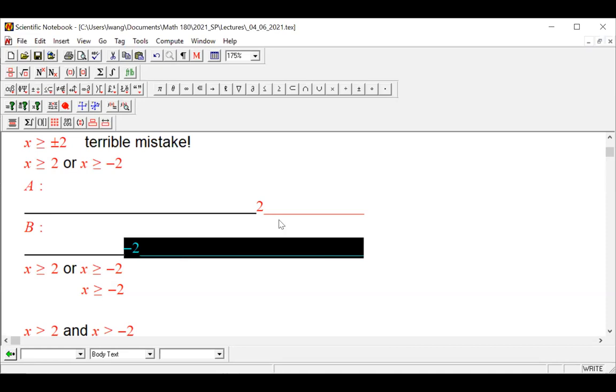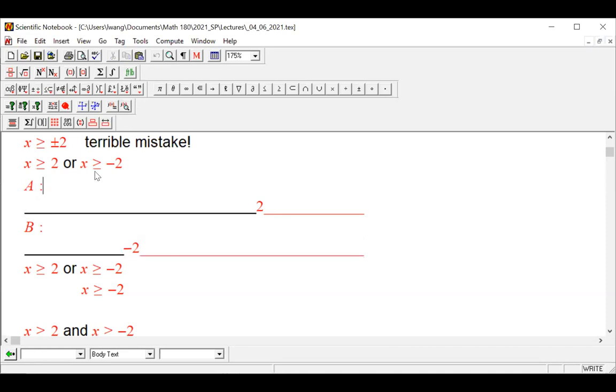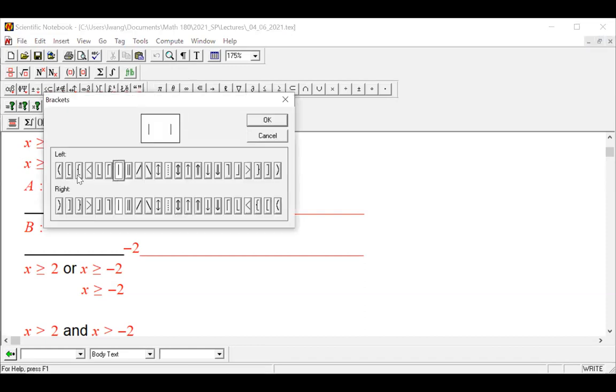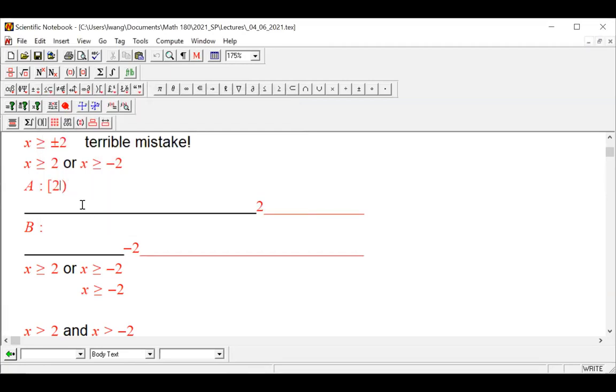Do you follow me? On intervals, remember we have homework problems with intervals? That's 2 to infinity. B, the way we write it, greater than or equal to -2, that's going to be -2 to positive infinity.